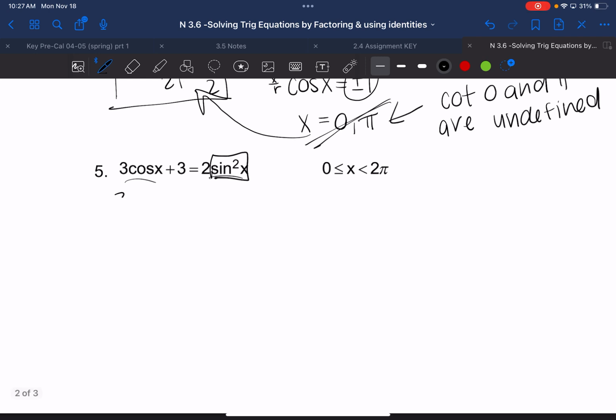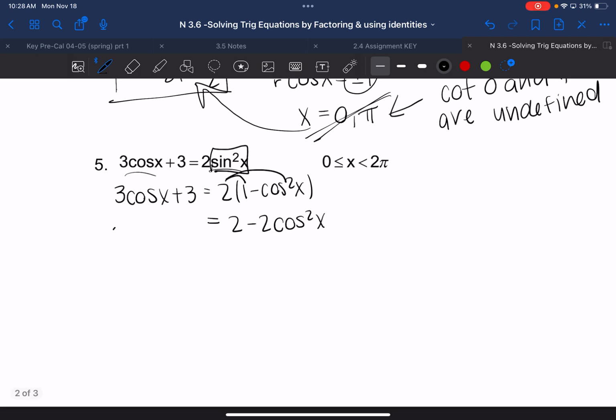Very good. So I'll have 3 cosine of x plus 3 is equal to 2. I'm going to replace that sine squared with 1 minus cosine squared. All right, so before I move everything to one side, I'm going to go ahead and distribute that 2 into this parenthesis. 2 times 1 would just be 2. 2 times negative cosine squared would be negative 2 cosine squared, right?